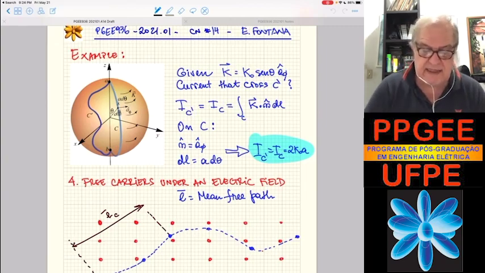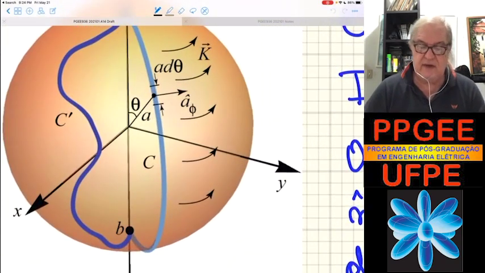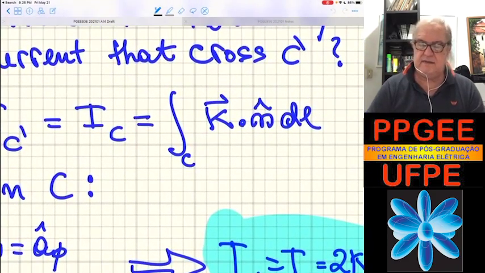Looking in more detail here, this is dl equals a d theta, and the normal to the segment is this a phi. So dl and a phi is what appears in the integrand.